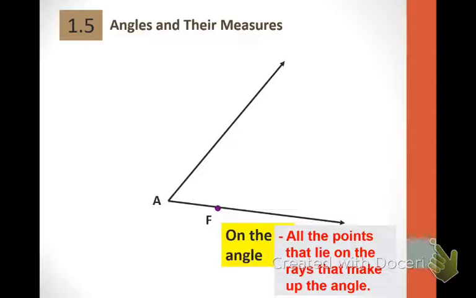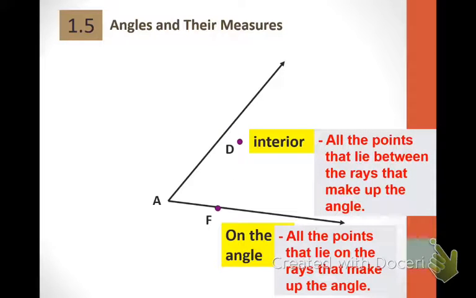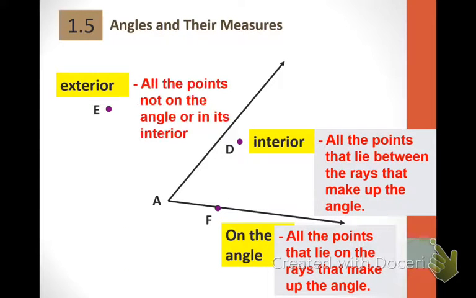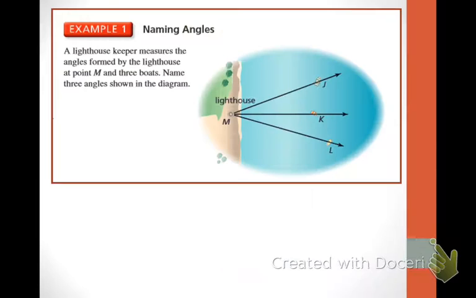If I was doing something on the inside of your house, if I was designing, what is it? Interior. So if a point's on the interior, it'll be between the rays, so inside. And then what's the opposite of interior? We have exterior, which means the point is not in or on the angle. Okay, so we just have to be on the same page with what those words mean.